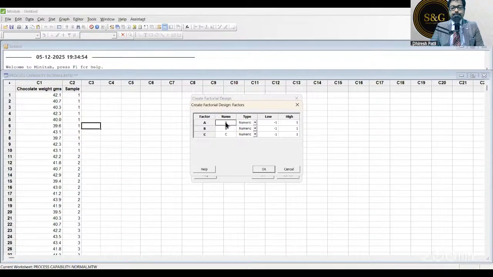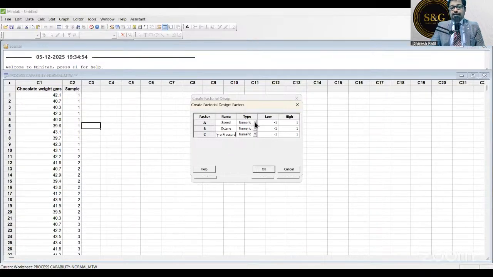Name of the factor, let's say speed, octane, tire pressure. Okay, speed, octane and tire pressure.